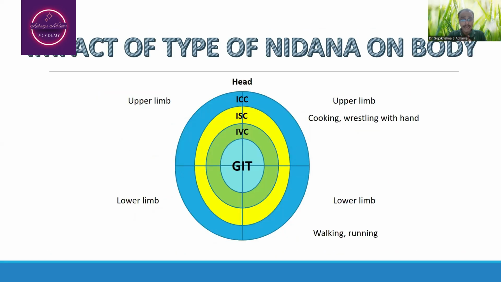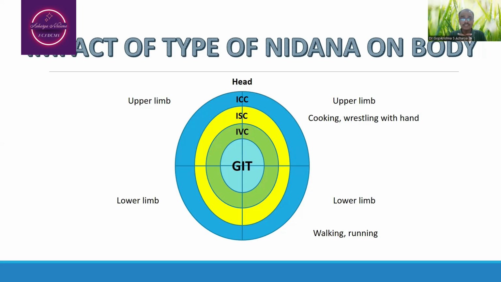And as far as the impact of the type of Nidana on the human body is concerned, suppose the person is a runner and goes running after taking a somewhat heavy meal, then the pathogens, if at all they are formed, will mainly move into the lower limbs.